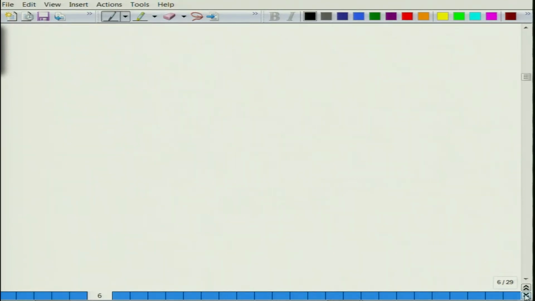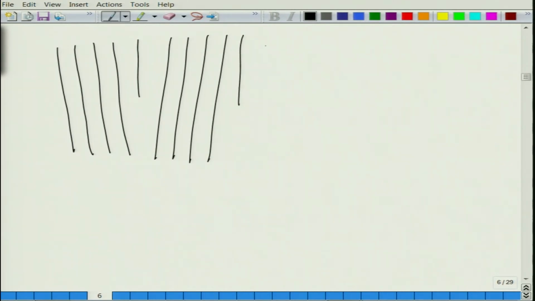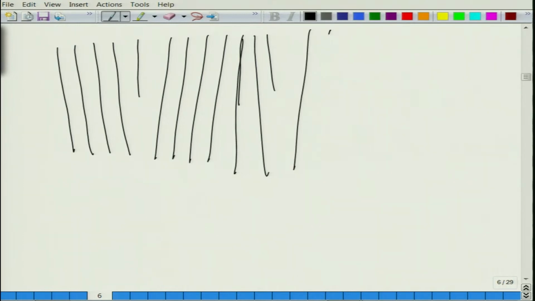So, what is this interaction type? Let us say the first interaction could be, you have a dislocation like this, and you have another dislocation somewhere here. So, this is the first edge dislocation, this is another edge dislocation.